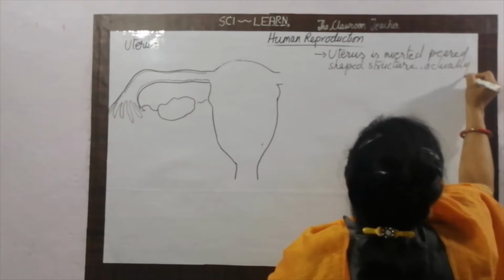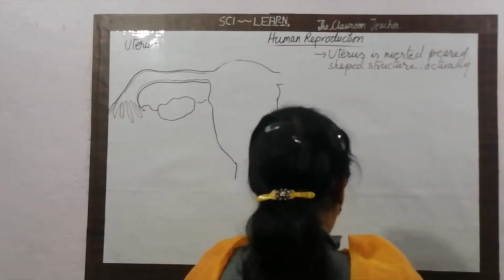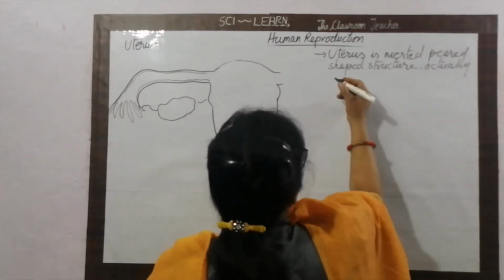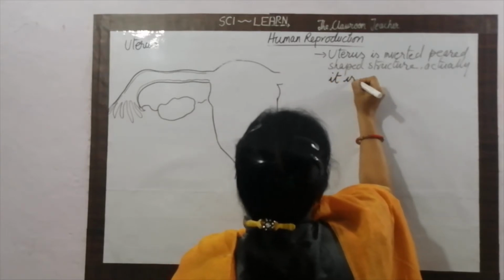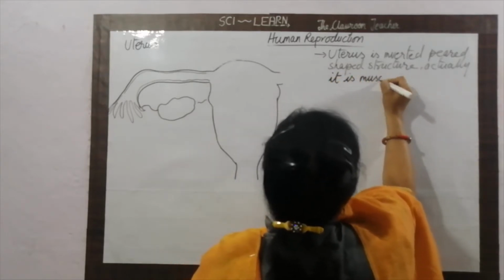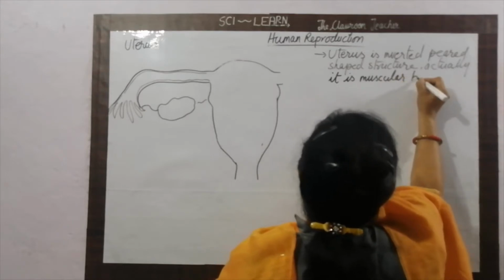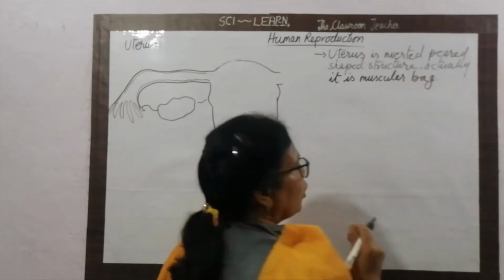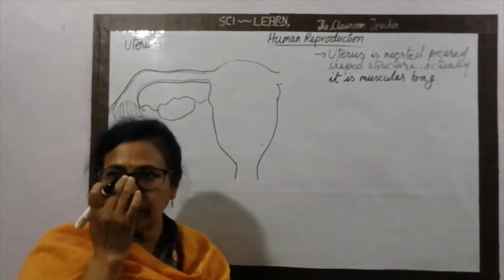Actually, it is a muscular bag. The fallopian tube opens into the uterus.